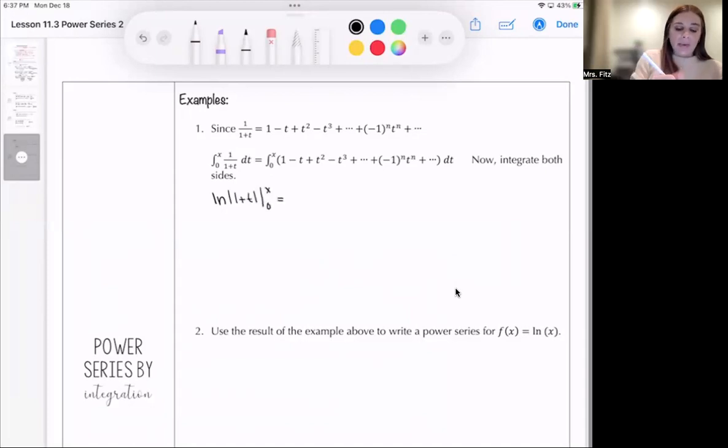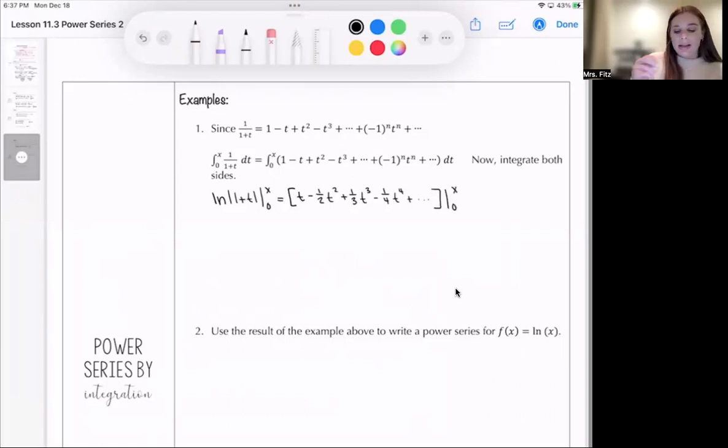Okay, now we're going to integrate this. So the integral of 1 dt is t minus 1/2 t squared plus 1/3 t cubed minus 1/4 t to the 4th plus dot dot dot. And we'll leave it there, and we're evaluating from 0 to x.